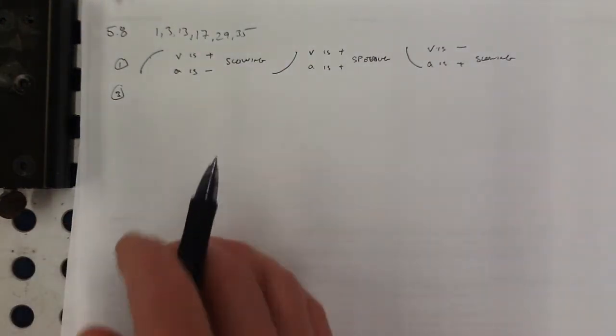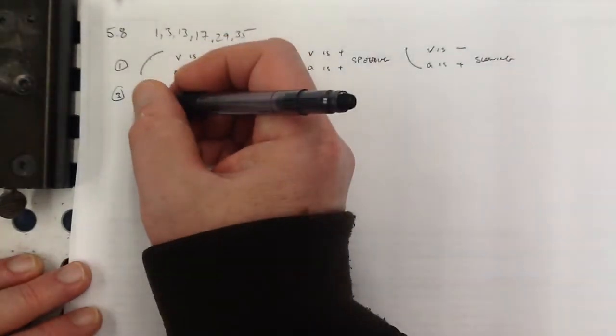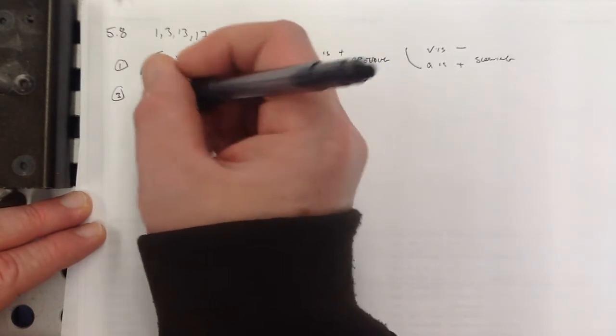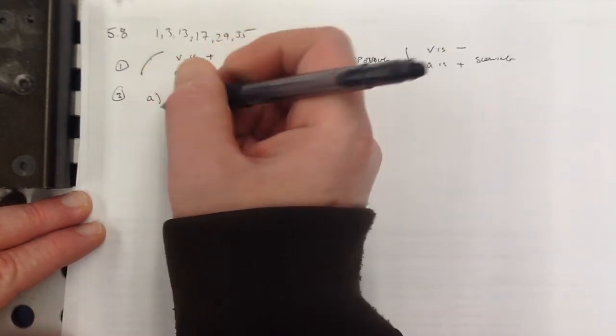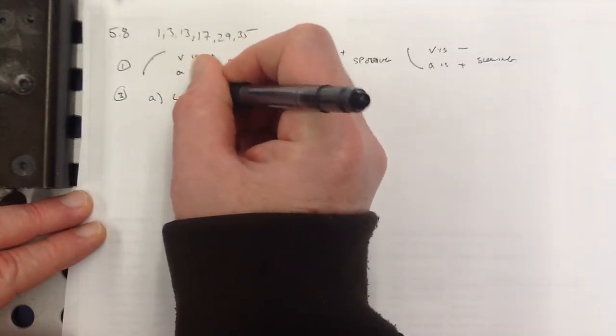Number 3, you've got another graph to look at here. We want to know, is the particle moving left or right at time t sub 0? Well, at time t sub 0, the position is decreasing. I'm just looking at the graph itself. So the position is decreasing, which means it's moving to the left.